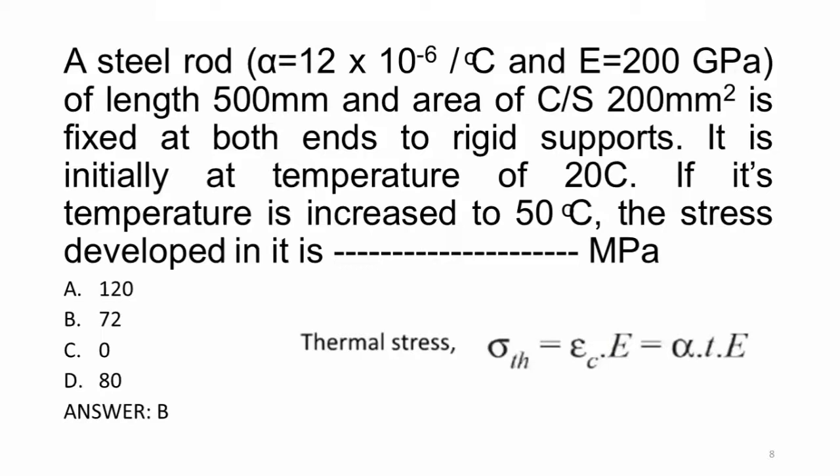If it is not required, need not change. Okay. So our answer is 72 megapascal. Please remember, capital E's unit is given as gigapascal, and the answer asked is in megapascal units. So substitute appropriate units here. Unit conversion is important. Okay.